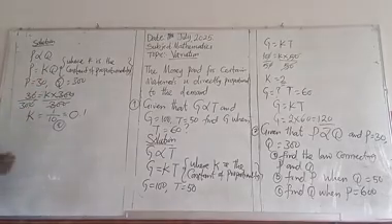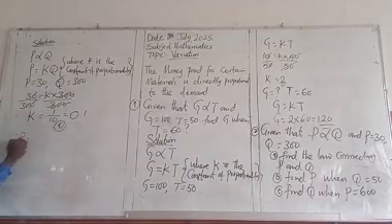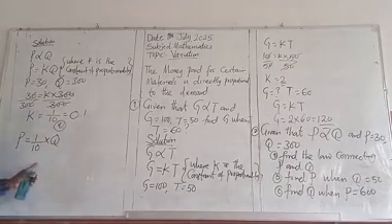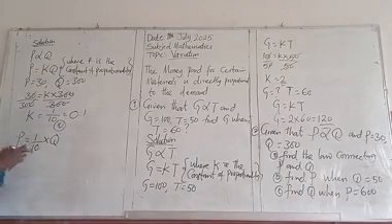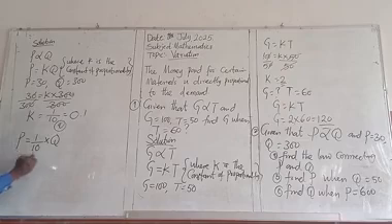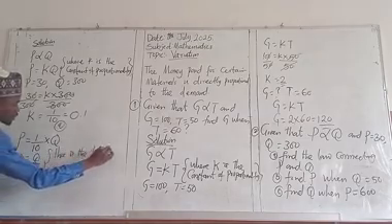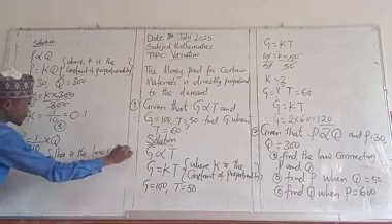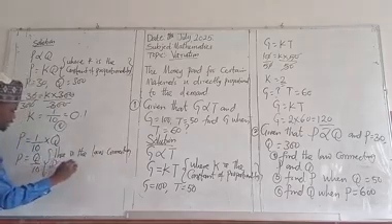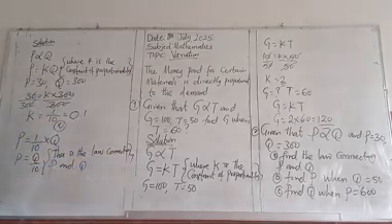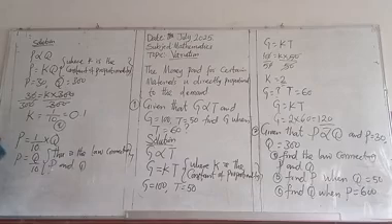So the law connecting them is P is equal to 1 over 10 times Q, that is P is equal to Q over 10. This is the law connecting P and Q. Do we understand? This is question number 1. You just put the value of K inside the formula.